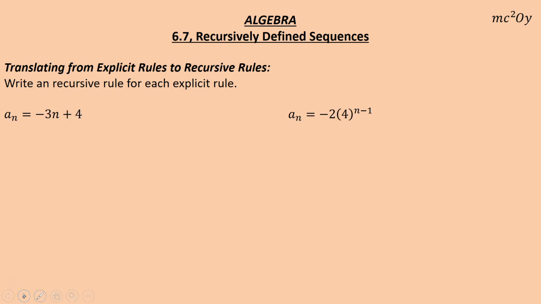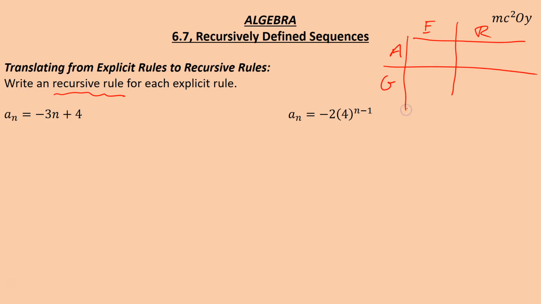We're going to go the other way now, from an explicit rule to a recursive rule. Once again, important to have your formulas down. So if you write them down, I'm abbreviating even more every time. Explicit, recursive, arithmetic, geometric.